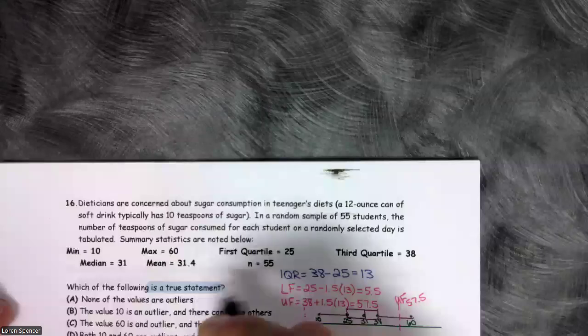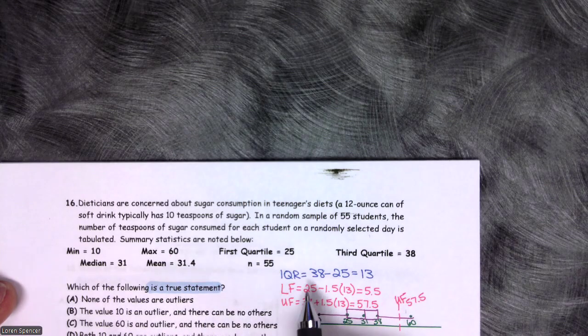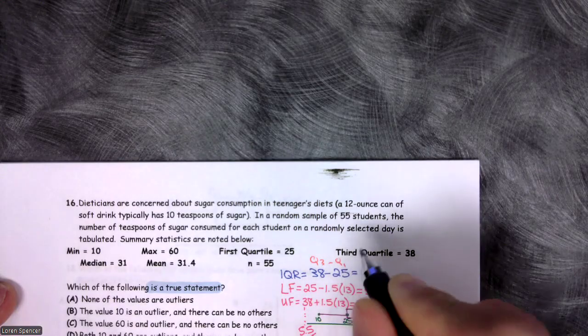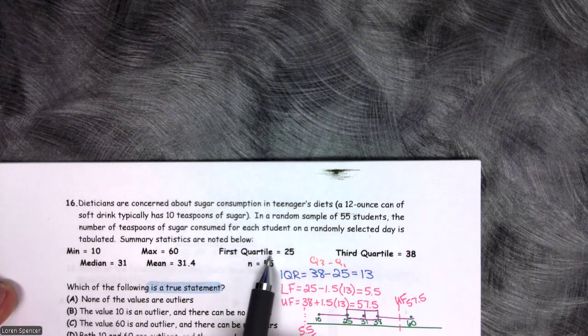So we're looking for true. None of the values are outliers. Well, we're going to have to calculate that out. So IQR, remember IQR is Q3 minus Q1. So 38 minus 25 gives us 13.